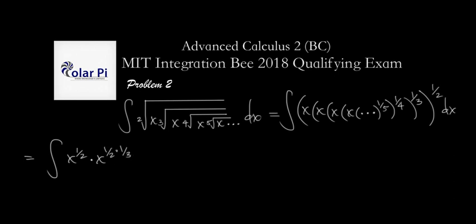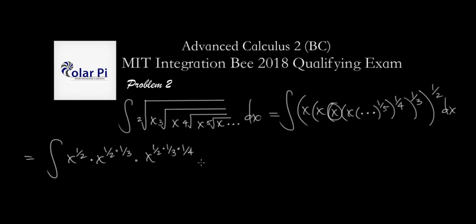And then this is multiplied by x to the 1/4, to the 1/3, and then to the 1/2, so it's to the power 1/2 times 1/3 times 1/4.